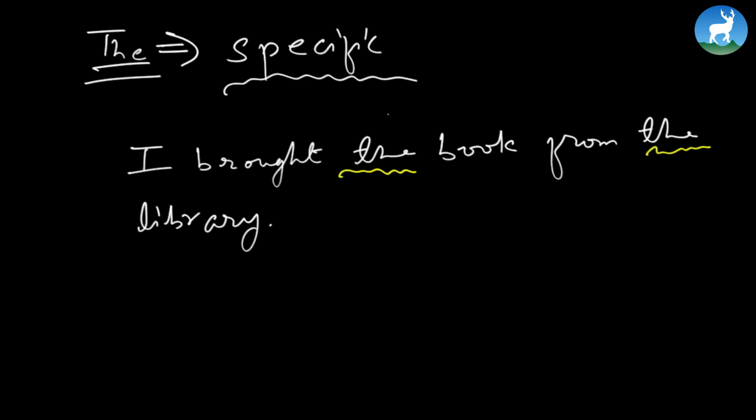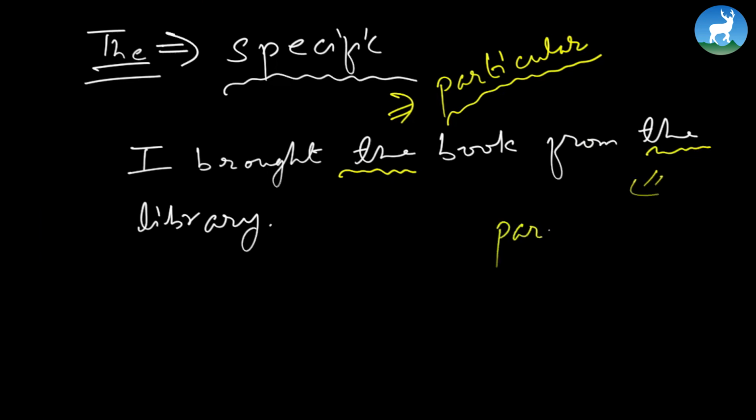He knows he's talking about a particular book. That's why "the book." It would always mean something particular. Again, "the library" is a particular library. So just understand that "the" would always mean particular. When you are talking about a particular person or thing, we use "the."